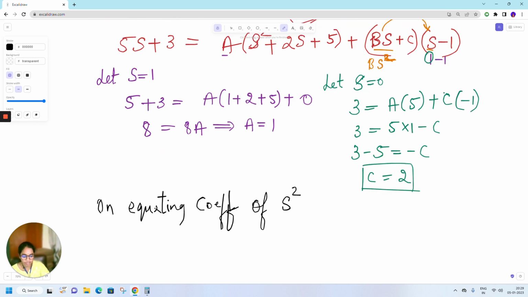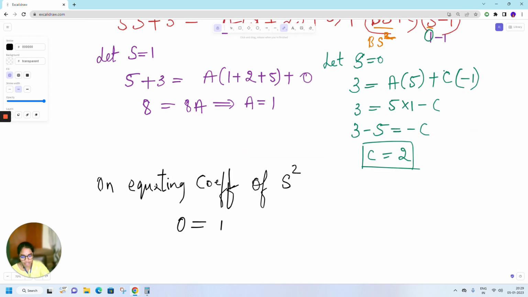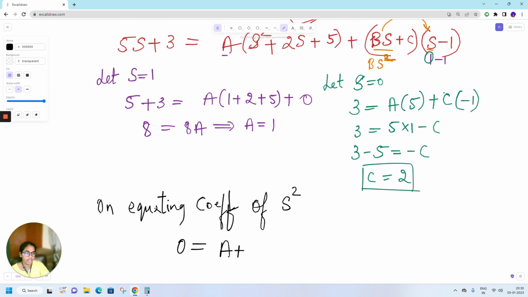In LHS I don't have s square, so that would be 0. This is equal to, in the RHS, the coefficient of s square in the first term is A, right? So I would get A plus, as I told you, here I would have only one s square, and the coefficient of that s square is B. So I would have plus B. What is the value of A?